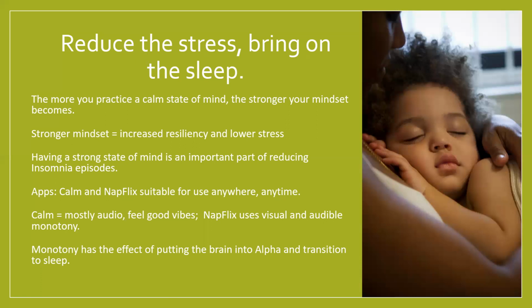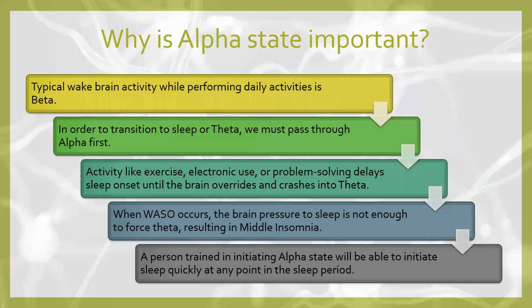And anytime there's monotonous things going on, that again shifts the brain into alpha state. It's a popular hypnosis trick to do. So those are two really interesting apps to check out if you're looking to learn a little bit more or practice shifting into lower states of consciousness.